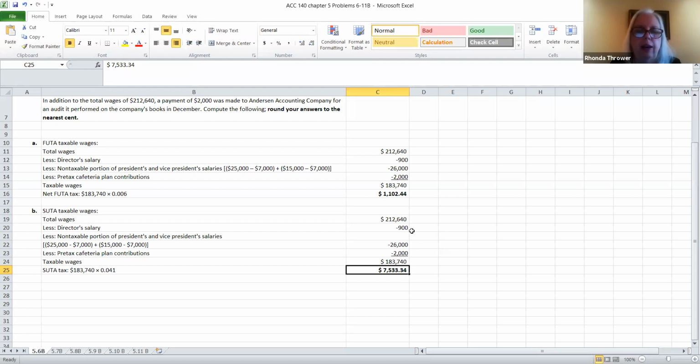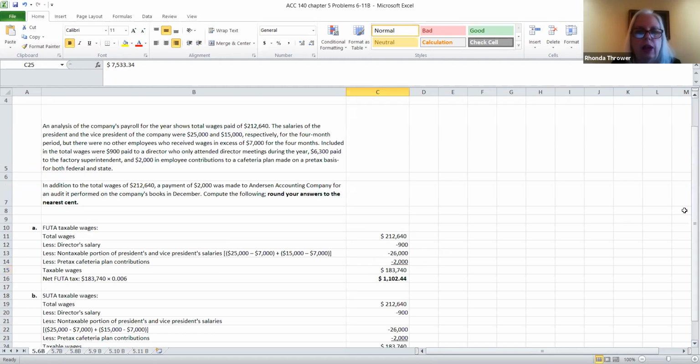We had to back out the director's salary, the non-taxable portion of the president and the vice president's salary, and the cafeteria plan contributions. The remaining amount was $183,740 that's subject to the FUTA tax rate, which was 4.1% that was given in this problem.